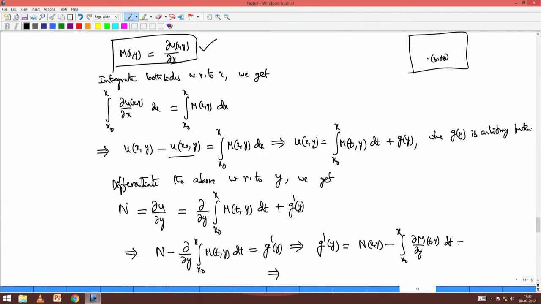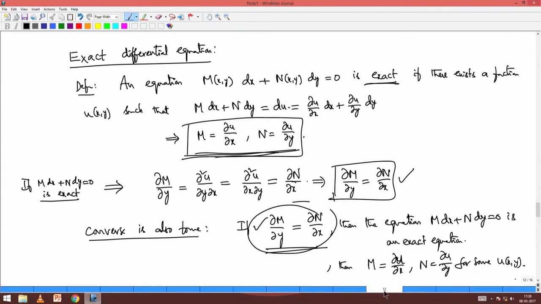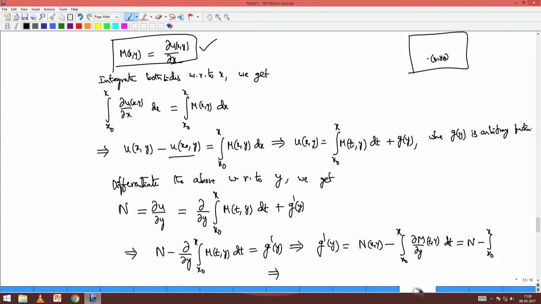Now, this is equal to N minus the integral from x naught to x. What is ∂M/∂y? That is what I use now. ∂M/∂y is ∂N/∂x of (t, y) dt.